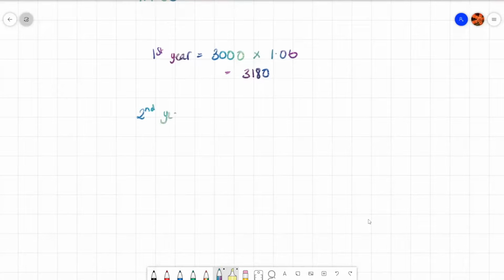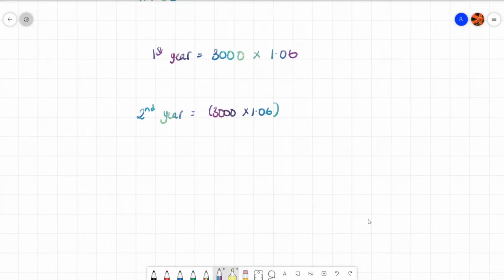Then second year, I've got my original value. My value from the first year is £3,000 times 1.06.